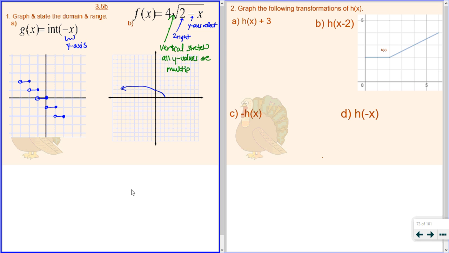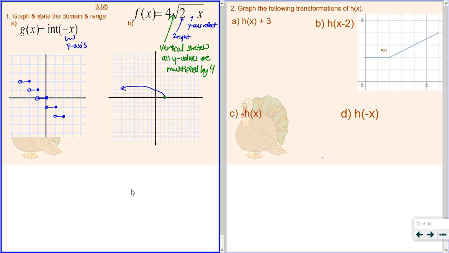So picture this. If I am at this point right here, which is where it hits the x-axis, does my y value change at this point 2, 0? Would my y value change there? No.